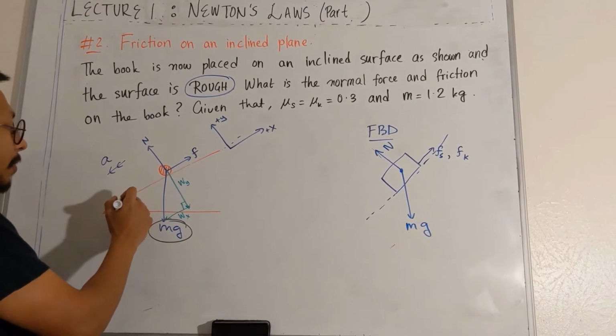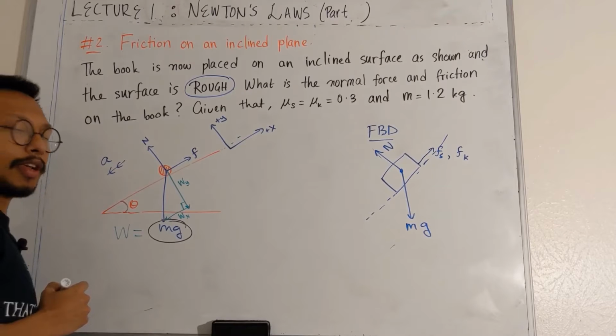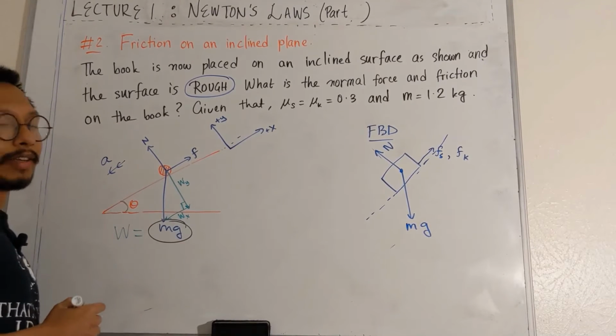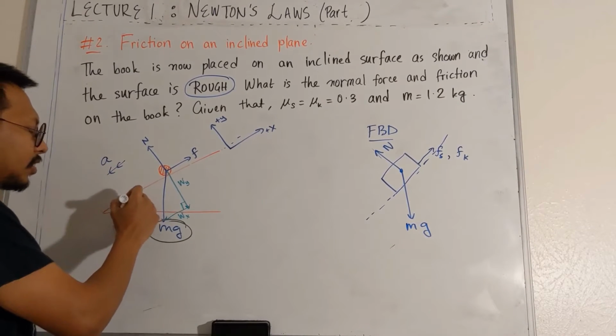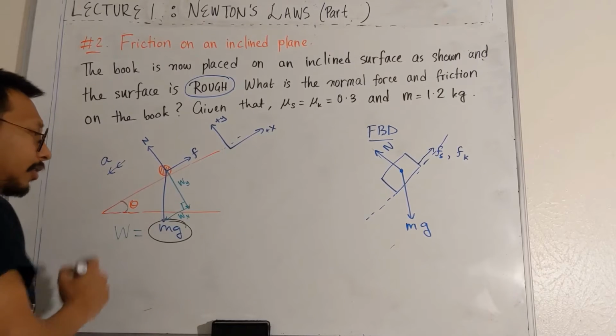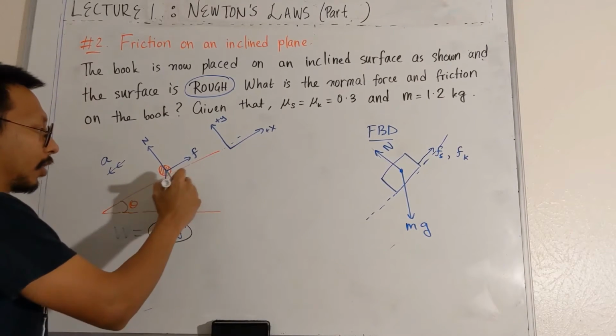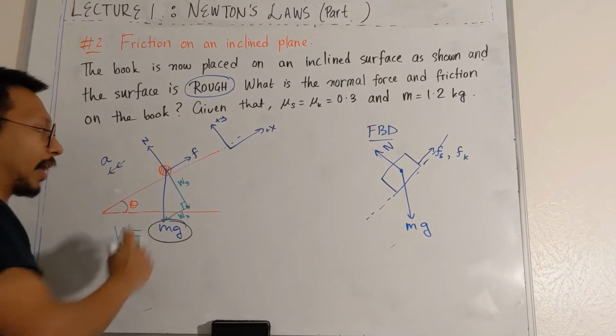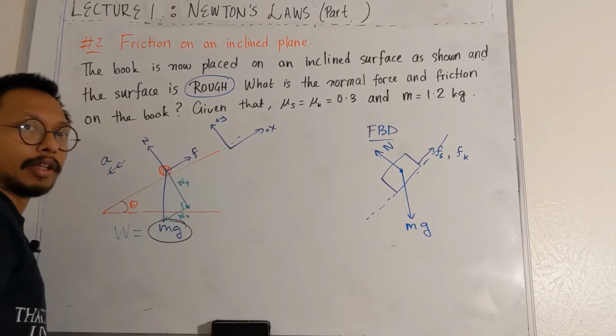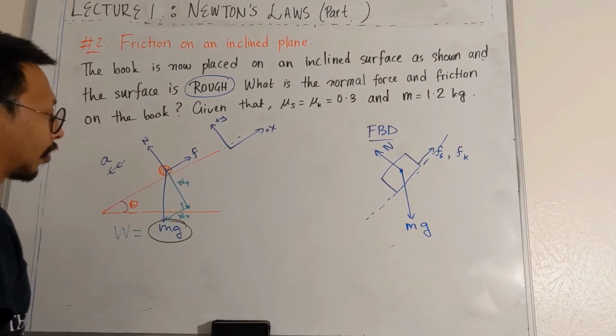Now remember, we are given the angle theta, the angle of the inclined plane. So we will try and use this angle theta and get to some angle of this newly formed triangle that we need to find our components.